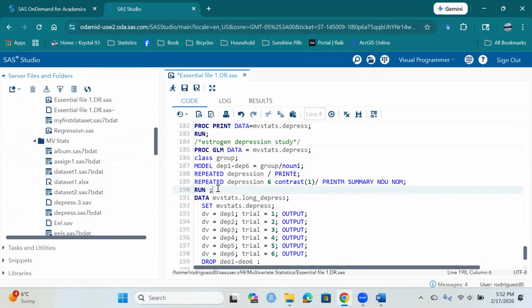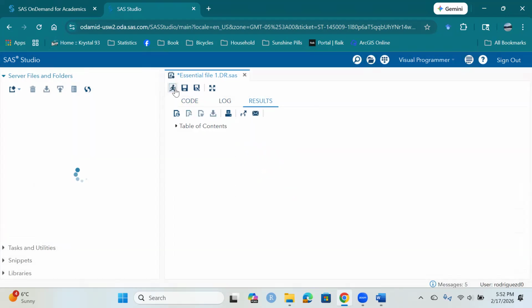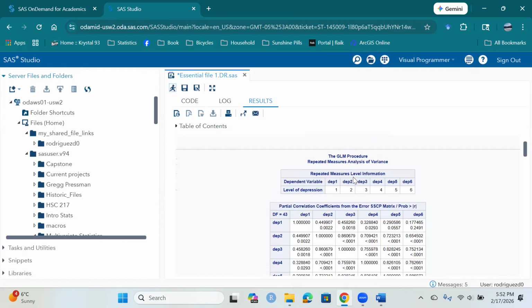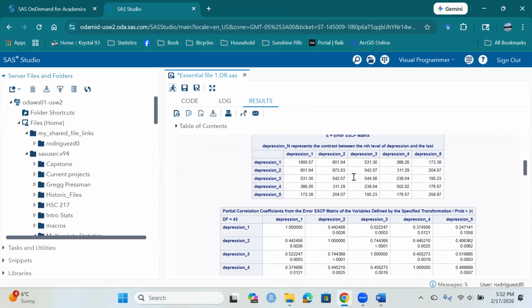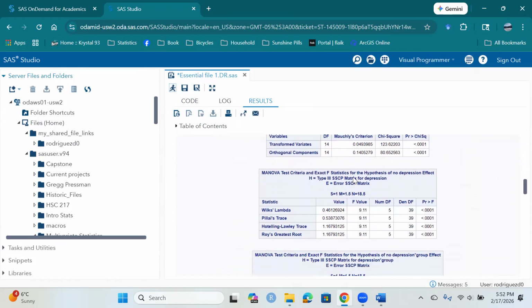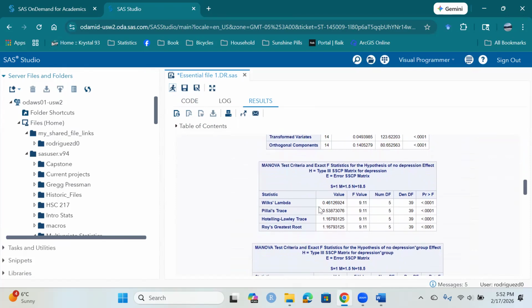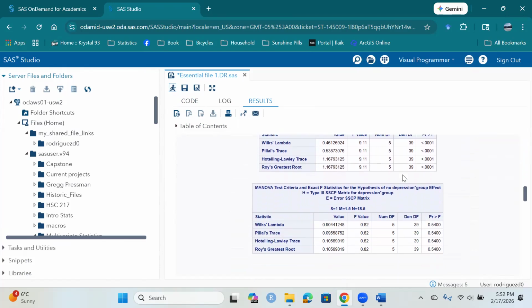I ran the PROC GLM, right? There were six time points here, so it's a little bit different. We can see that there was a significant effect for time.